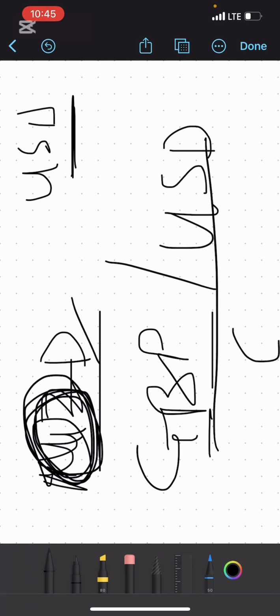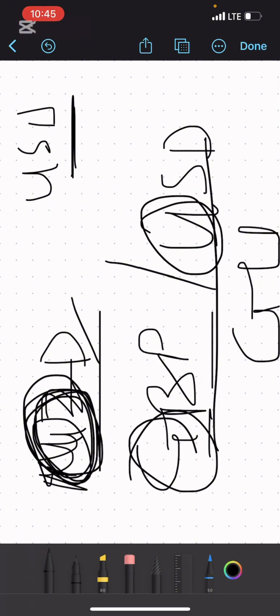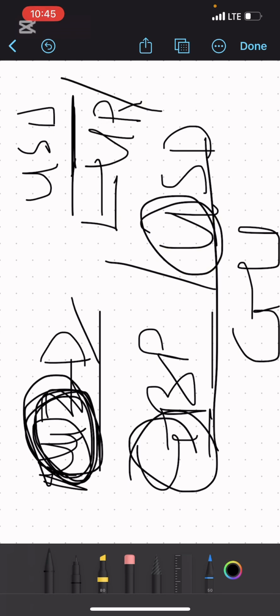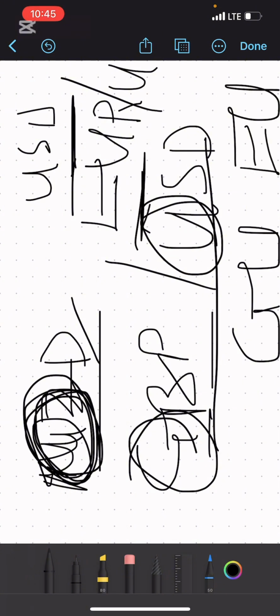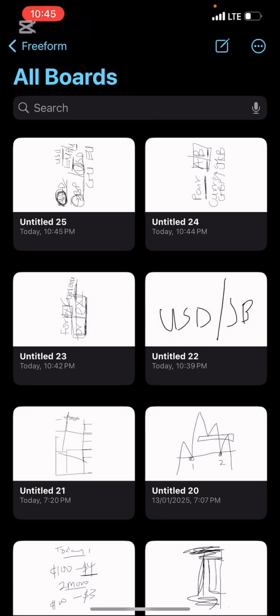Sometimes we can just say GU, the first letters. If it's Euro USD, it's EUR USD, that stands for Euro USD. So I can say I trade EU, that's the E and the U, the dollar.